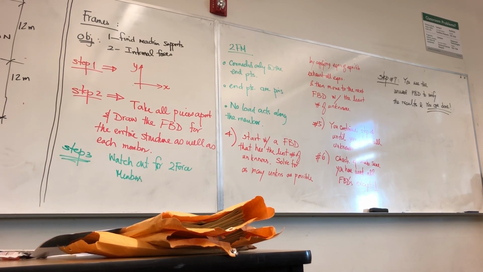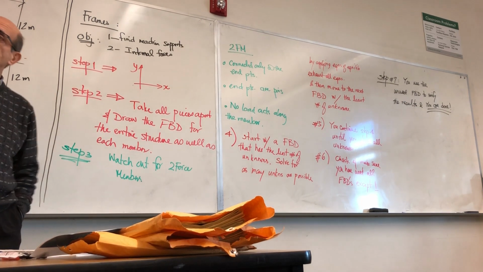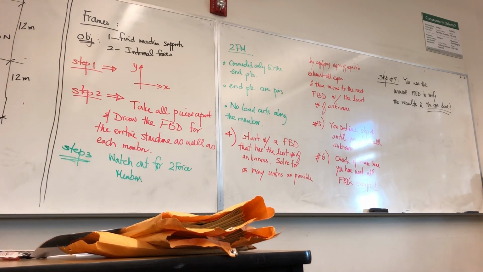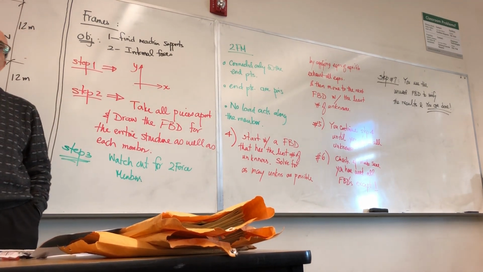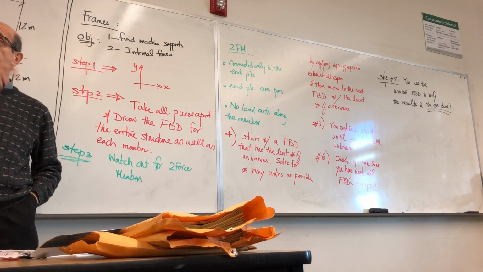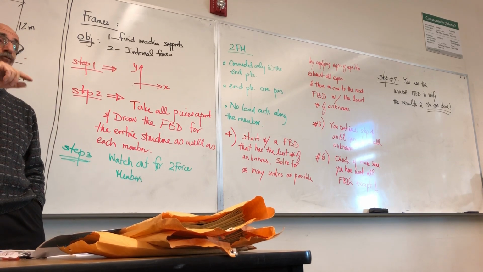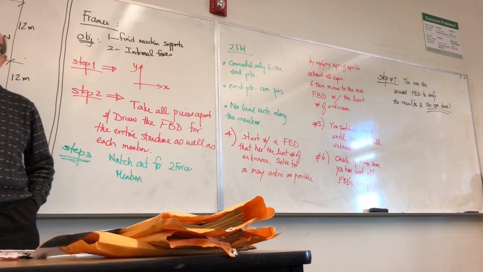But as I said, there are two things you need to be careful about: watch out for the two force members. There's something else that you also need to watch out for, but you know that already. By now, you should know it by heart, and it's a trivial step for you, and that is, remember the law of action and reaction. As you're drawing these free body diagrams, at each joint, if you assume that unknown forces on one member are in a certain direction, then on the member connected to it at that joint, they would be in the opposite direction, okay?